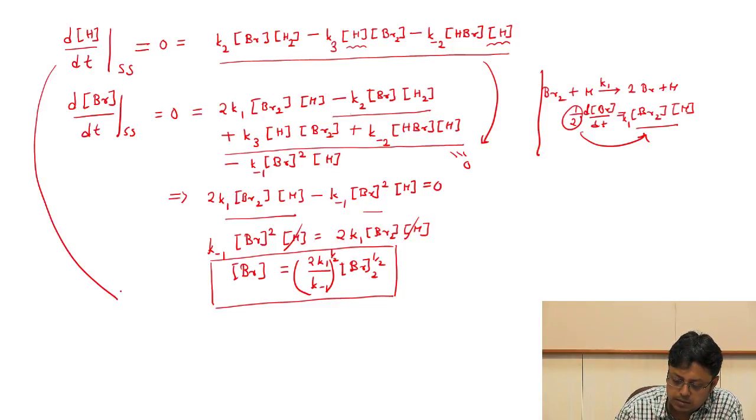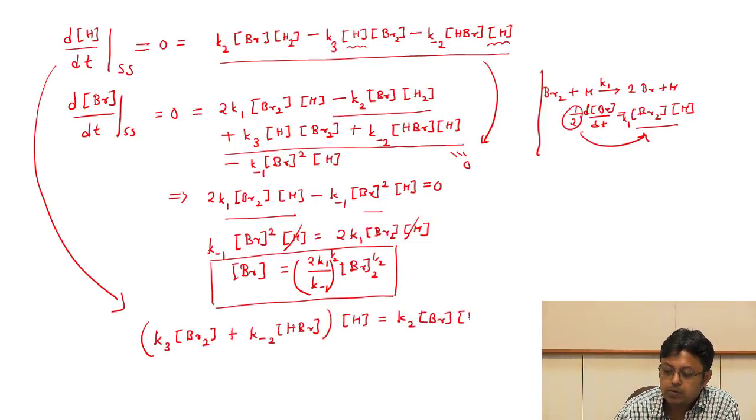The steady state concentration of H, if we take that common, we can write it like this: K3 into Br2 plus K minus 2 into HBr, times H, is nothing but K2 into Br into H2.